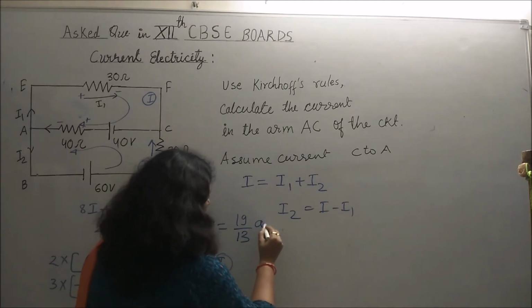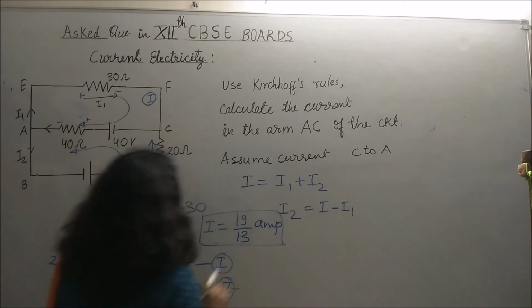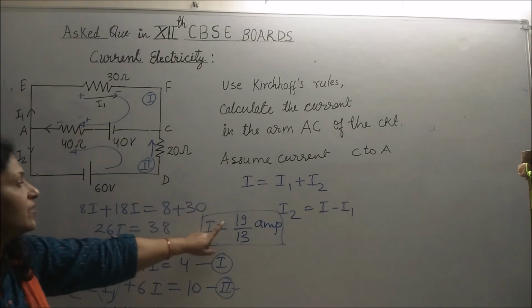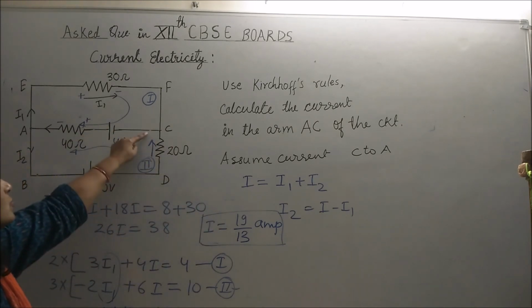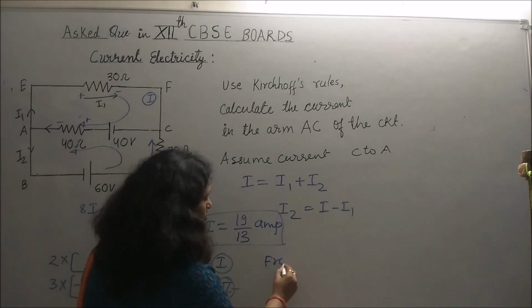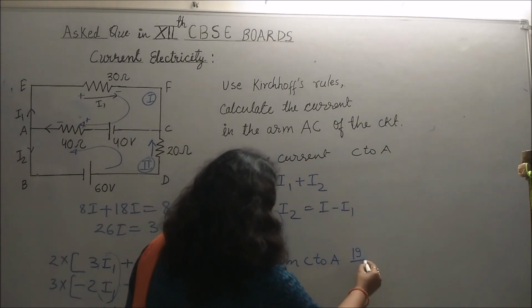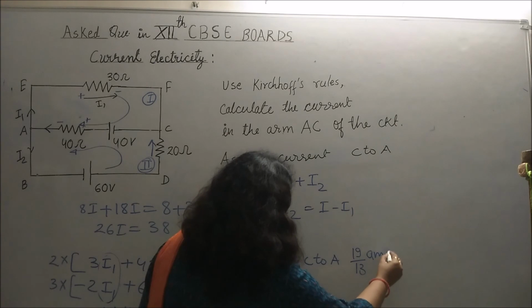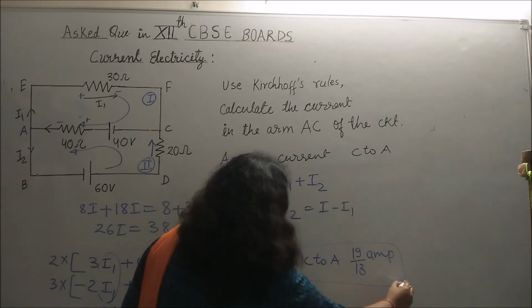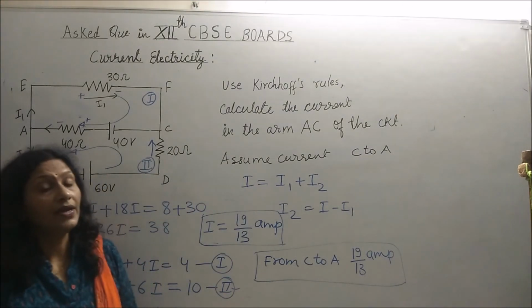So our I is 19 by 13 ampere, and the direction we assumed is correct since we got a positive sign here. So it is from C to A. So from C to A, 19 by 13 ampere current is flowing. It is our desired value of the current in the center AC branch.